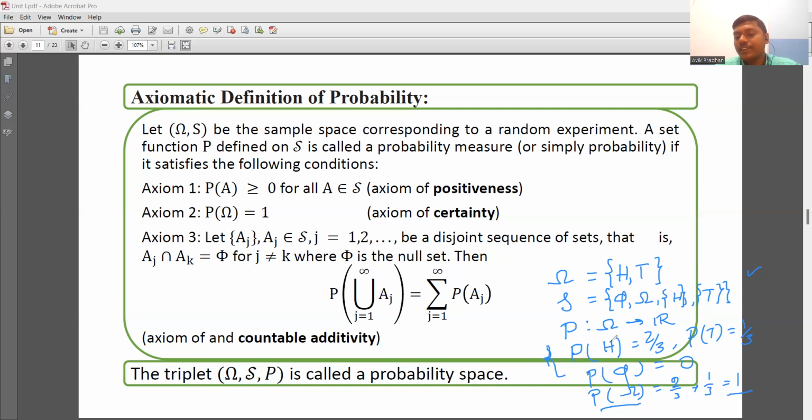In fact, in general, if I take the probability of H equal to small p and the probability of T equal to 1 minus p, then that also satisfies all three criteria, and that will be a probability measure. So here I am not assuming that the probability of head is equal to half and the probability of tail is equal to half.